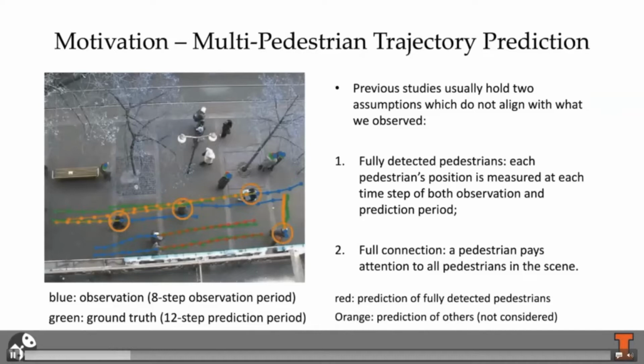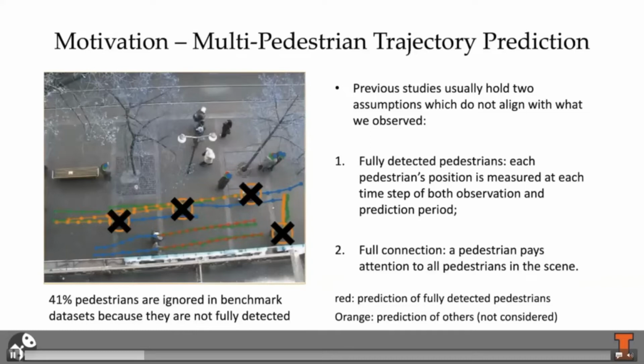The first assumption essentially forces the algorithm to ignore these pedestrians and only models the other fully detected pedestrians. The incomplete pedestrian data can cause biased modeling in social interaction. We found this fully detected pedestrian assumption results in 41% of pedestrians being ignored in benchmark datasets.